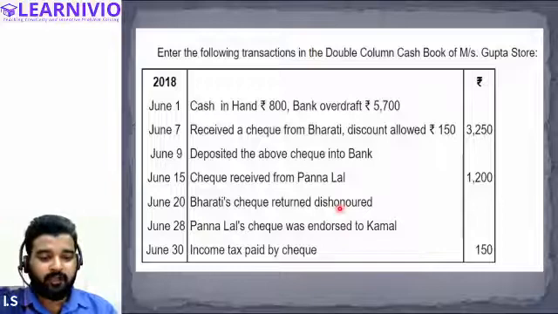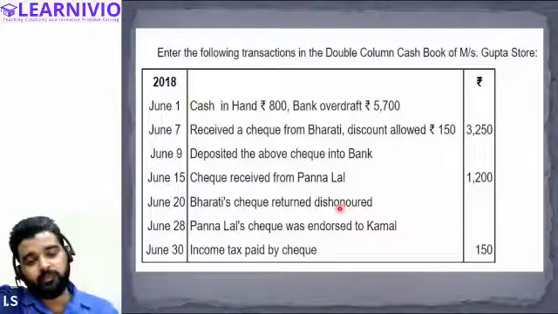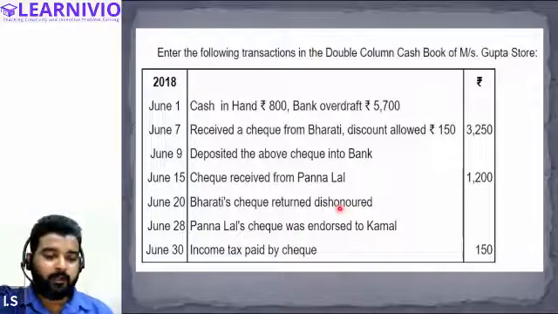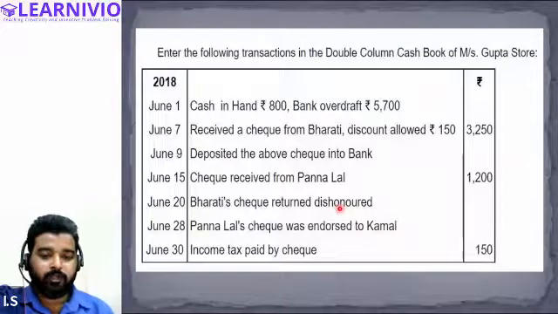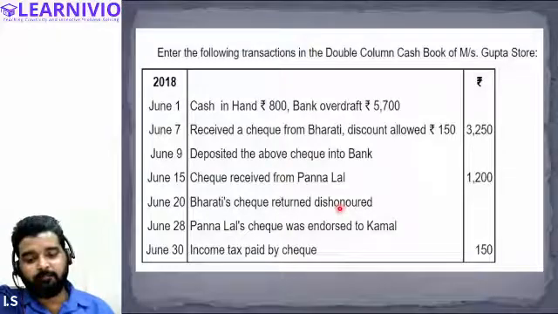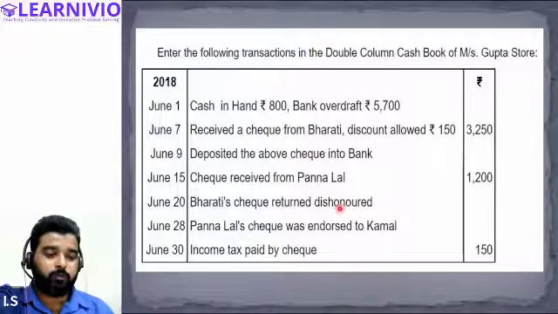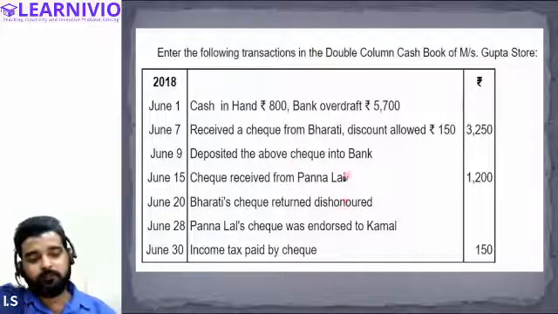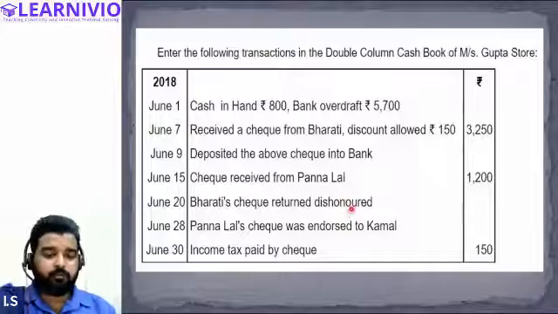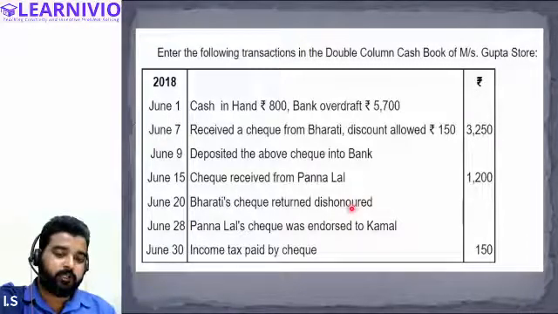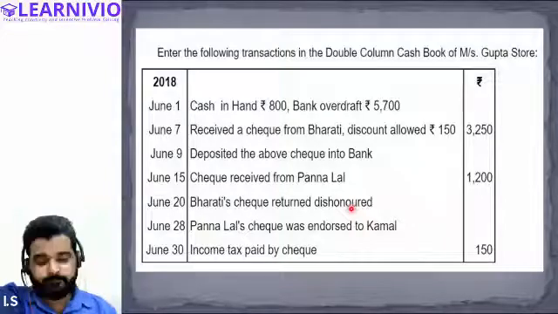Now the bank has denied the payment against that. So you will have to reduce your bank account. It will be recorded on the credit side as Bharti's account. So the bank account will be credited by Bharti, credited by 3,250.